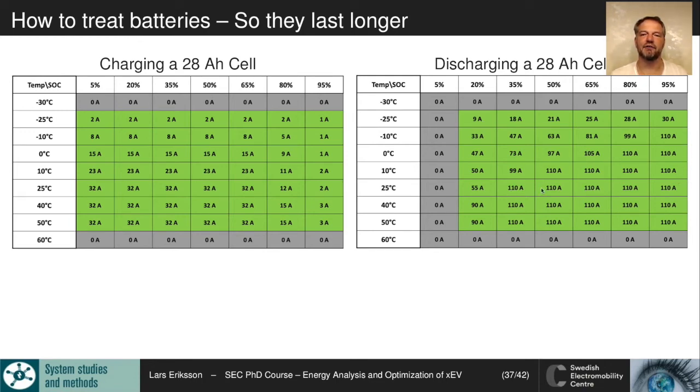When we are in the normal conditions, then we can utilize the energy of the battery. And you see here that this one has a higher capacity for discharging and a lower capacity for charging. So we cannot charge at the same rate as we're taking out current in this case.